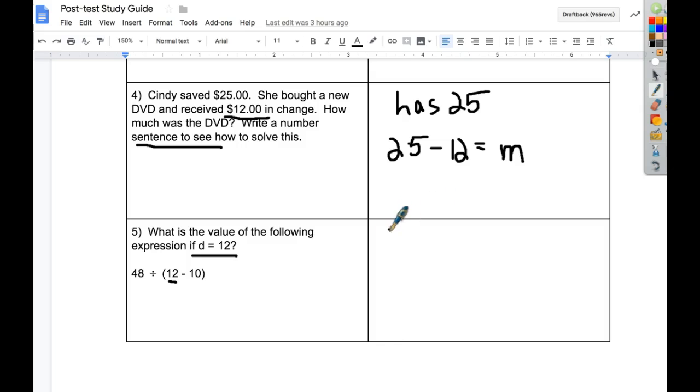Okay, so replace D with 12. And then use order of operations. Use GEMS.